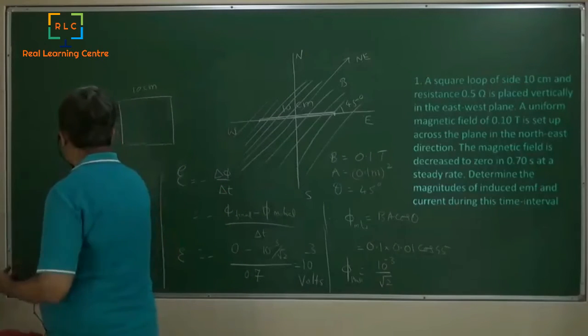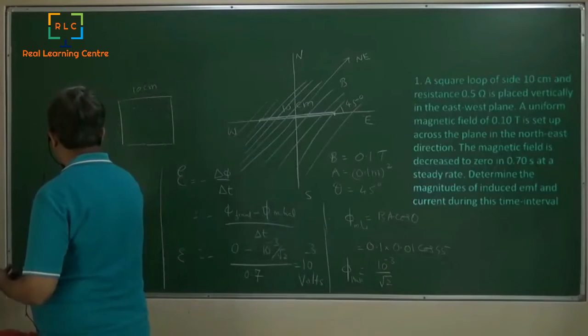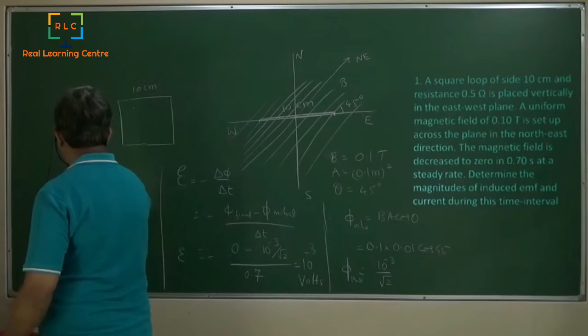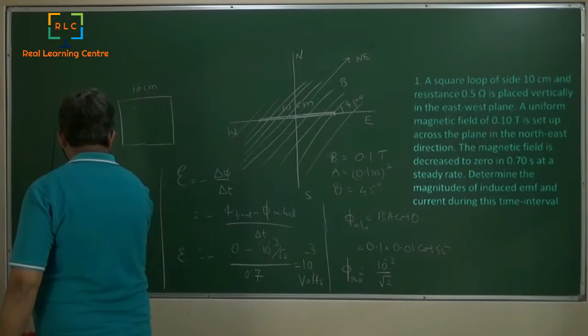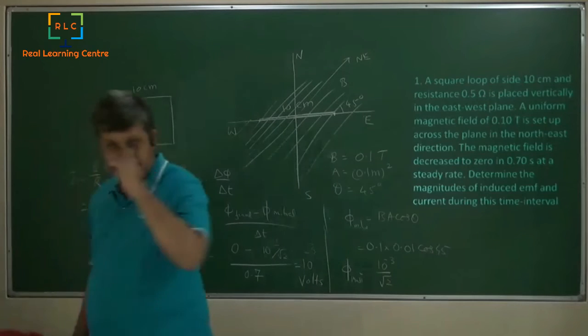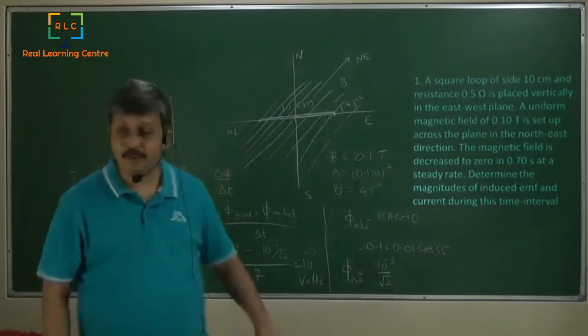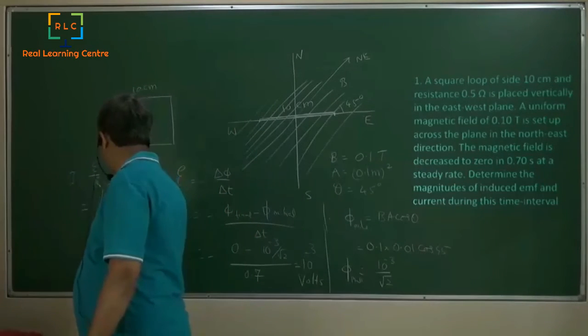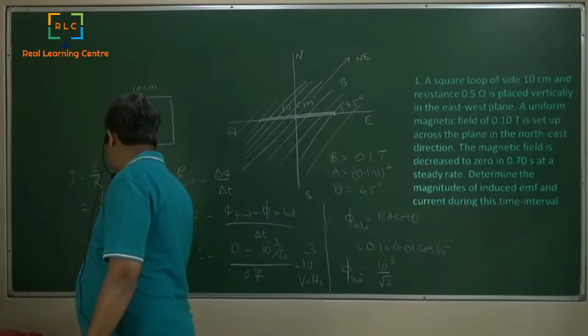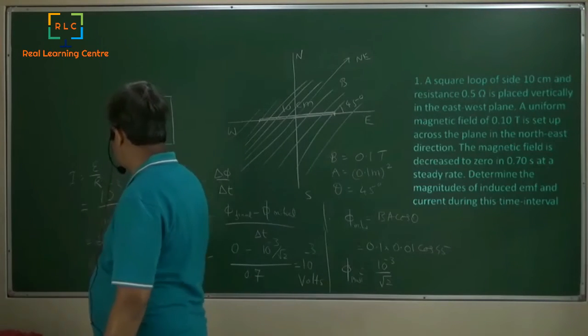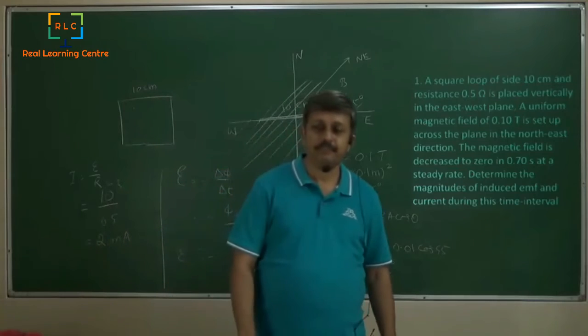Current is equal to EMF induced divided by resistance, which is 10 power minus 3 divided by the resistance given, 0.5 ohms, which is equal to 2 into 10 power minus 3 amps, or 2 milliamps.